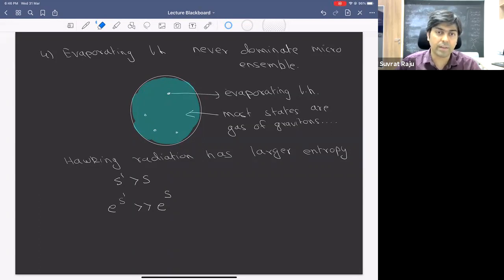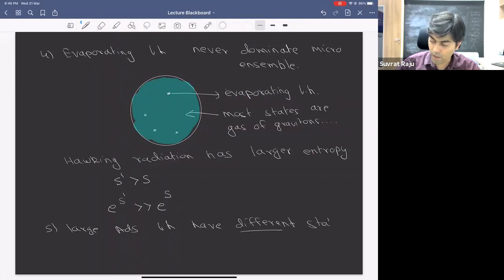So notice that as a result, for large black holes in AdS which don't evaporate, the statistical properties are completely different. As I said, large AdS black holes have positive specific heat, they don't evaporate, and they have different statistical properties from evaporating black holes.